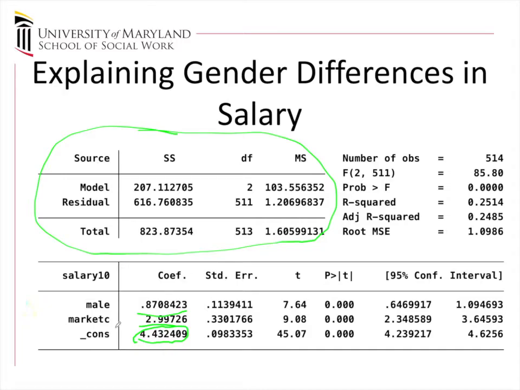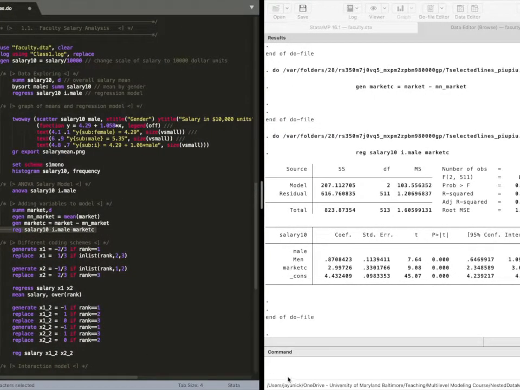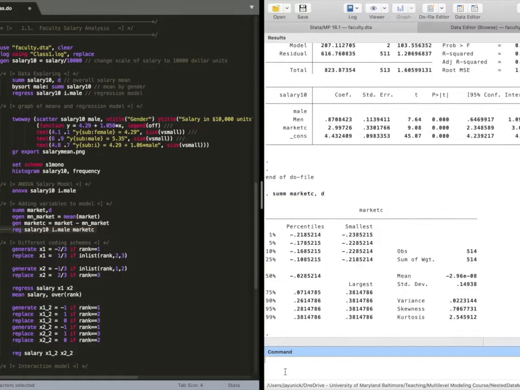Now, as we move from 0 to 1, then we get a $30,000 difference, but there's no salary range that large, right? So the largest difference, if we go here and we look at sum, right?